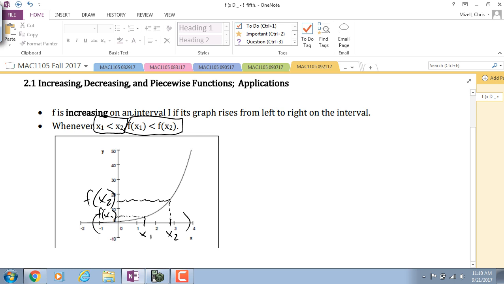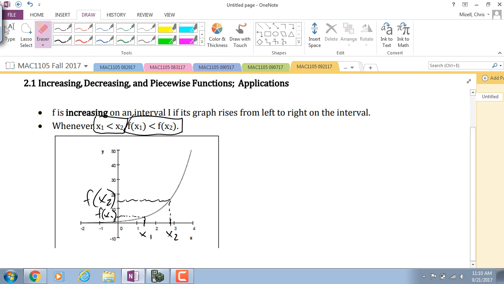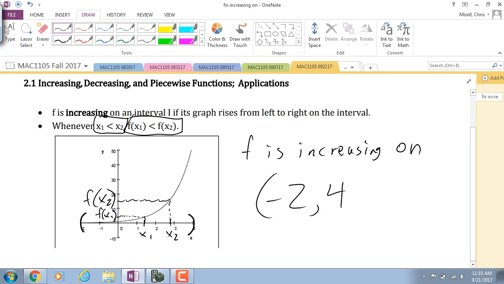Now, keep in mind that when we say a function is increasing on an interval, it's a subset of the x-axis. We don't want to say a function increases from a point to a point. That's not how we describe it. If the graph is rising between, let's say, x equals -2 and x equals 4, we would say this function f is increasing on the open interval from -2 to 4.